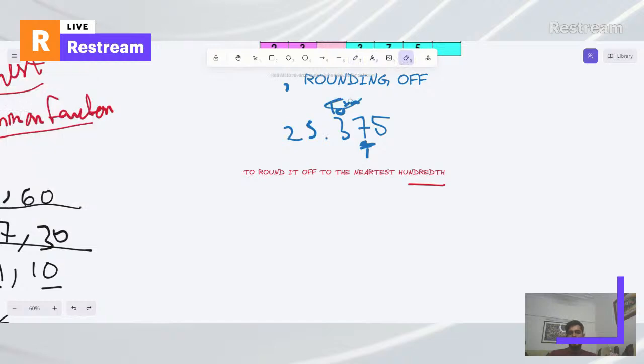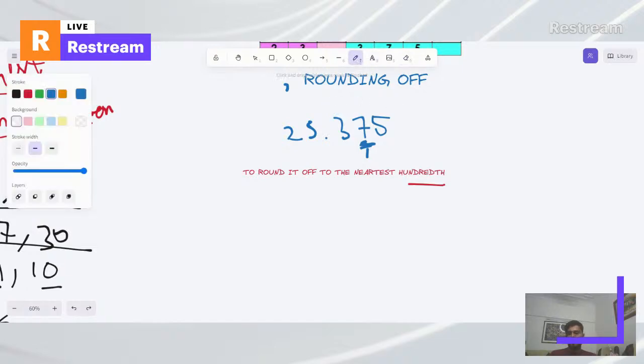All right. Now what we're going to do is see the next number to it. So what's the next number? The next number is 5. If the next number to the number that you originally marked is greater than or equal to 5, you're going to add 1 to the existing number.